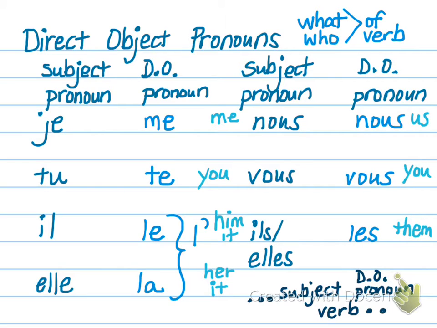But remember, in the imperative, in affirmative commands, it's our verb and then our direct object pronoun. But in negative commands, it's the same order as normal. Also remember, in commands, me becomes moi and te becomes toi. So those were the direct object pronouns that you had previously learned.